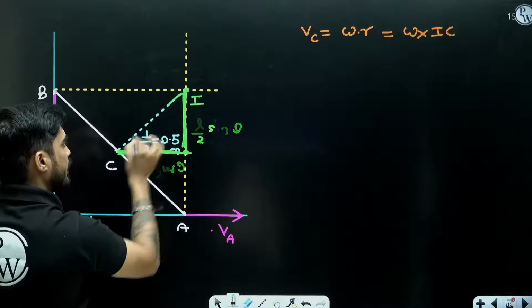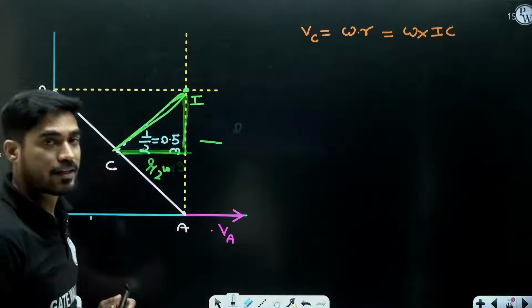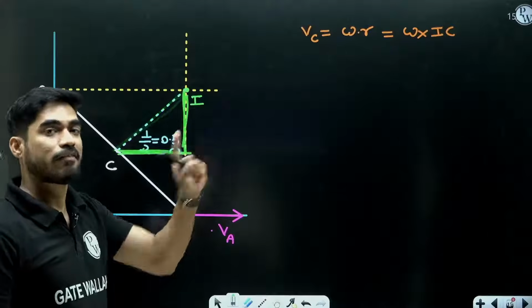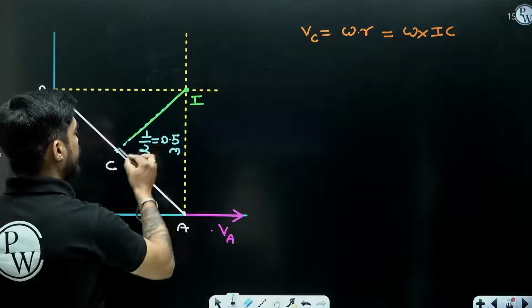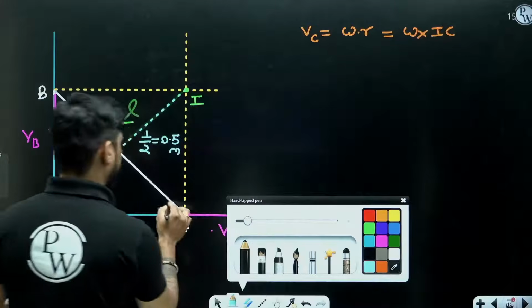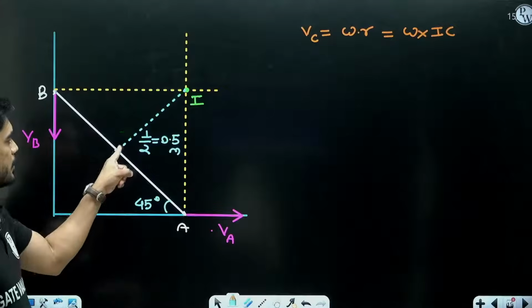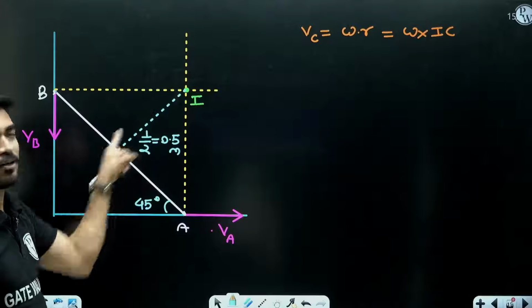Now this is the resultant of L by 2 cos theta and L by 2 sin theta. Calculate it. Sin square theta plus cos square theta will become 1 and you will get this L by 2. So whatever is the angle theta, whether it is 45 degree or 30 degree or 60 degree, this will always be equal to L by 2.